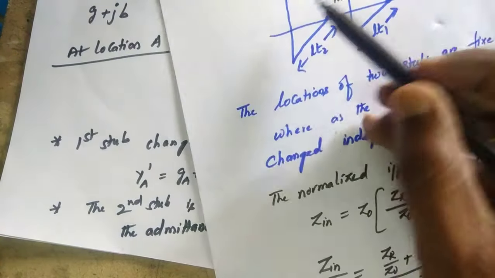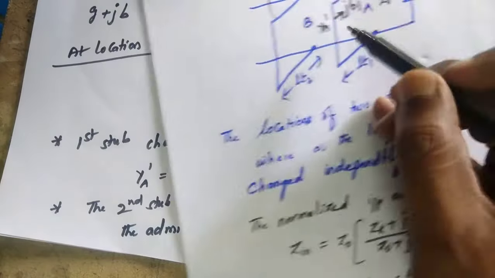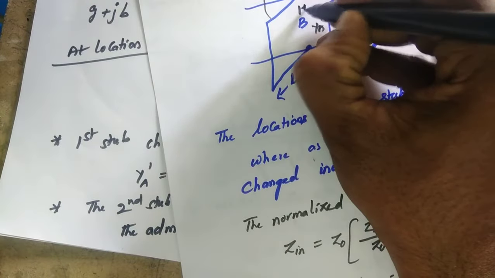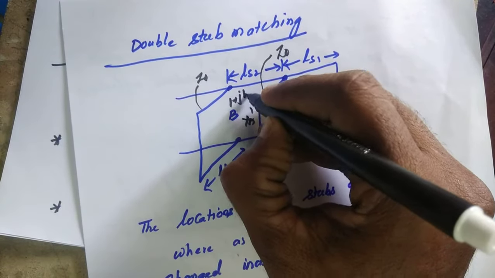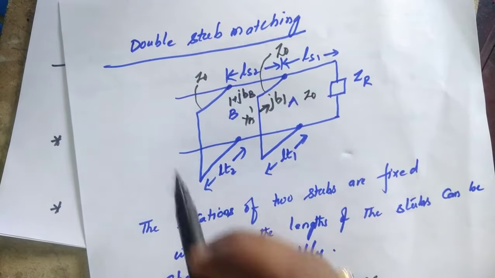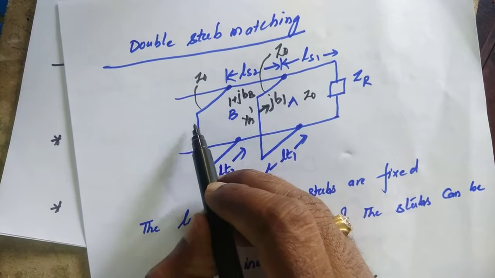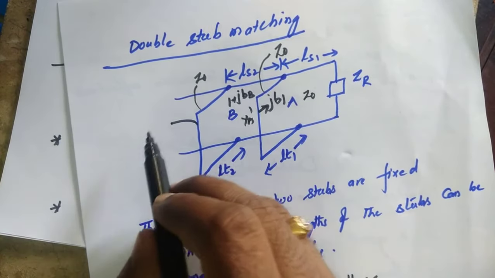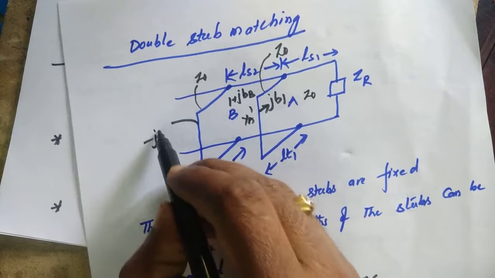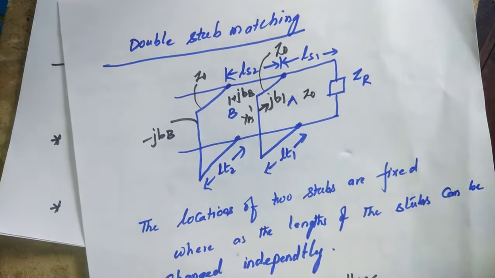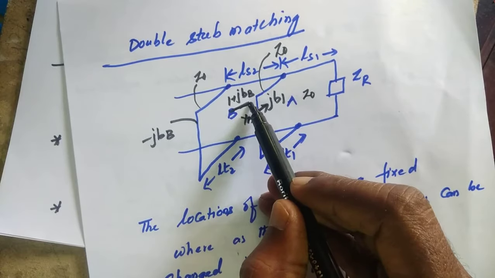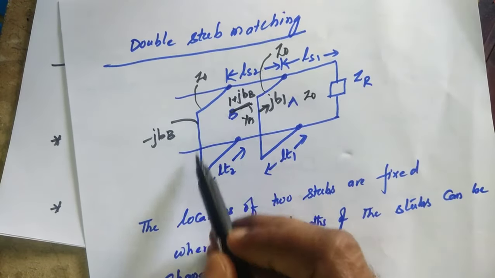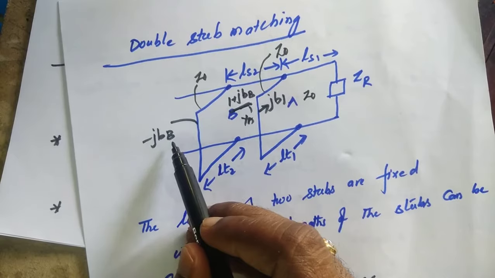the admittance is 1 plus jBB, and now we are choosing the susceptance of the second stub as minus jBB. The admittance at this position is 1 plus jBB, and the stub has the susceptance minus jBB.